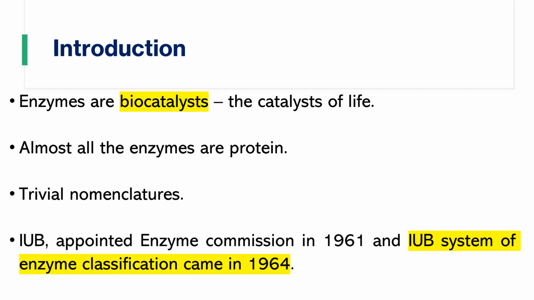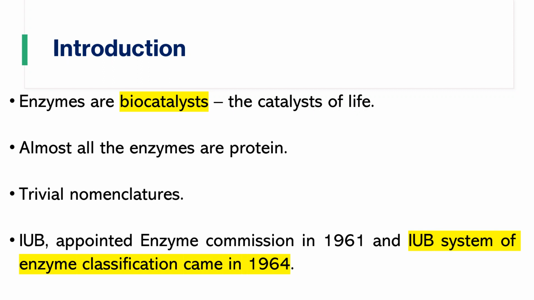Then came the IUB, the International Union of Biochemistry, the international system. They appointed an Enzyme Commission in 1961, and the IUB system of enzyme classification came into the picture in 1964.